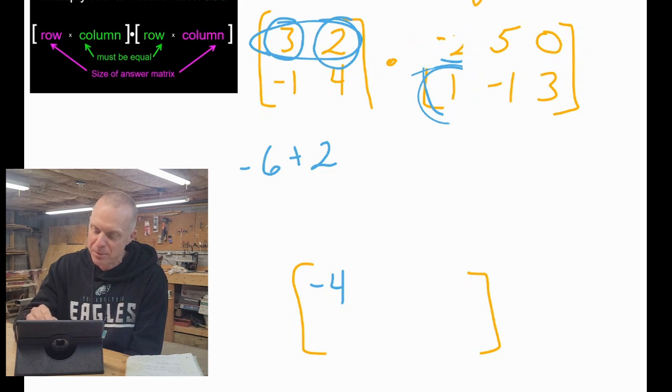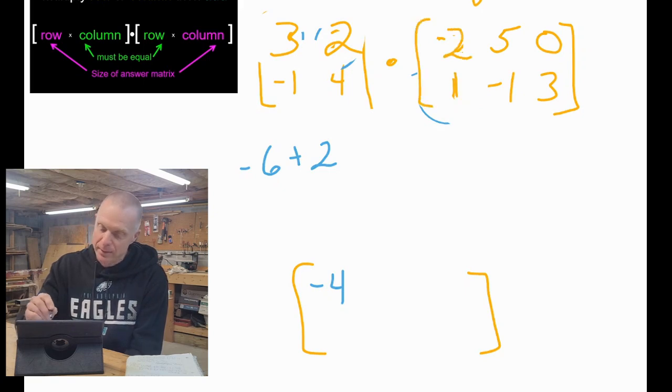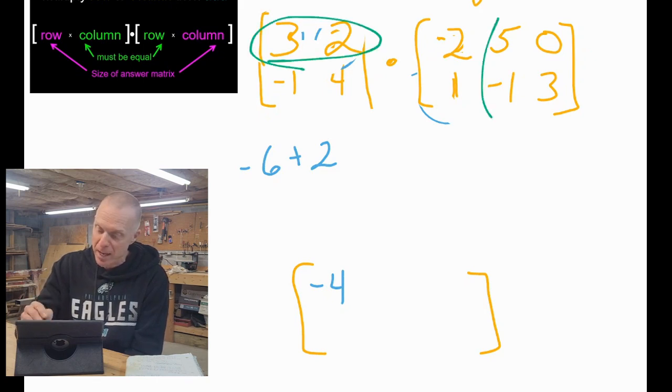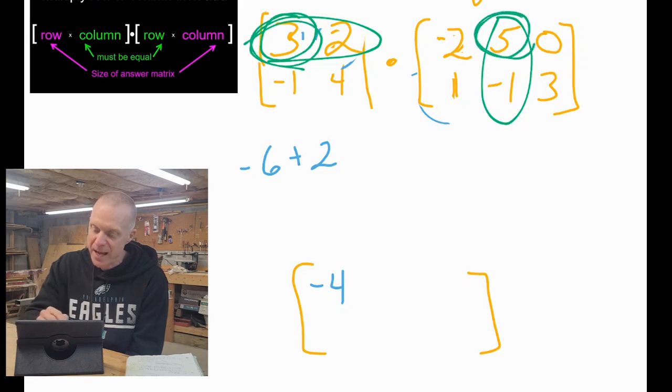The reason it went in the first row, first column is because those were the numbers that I multiplied together. I need to erase a little bit of this so we don't get too messy. Let me rewrite. What did I have here? -2 and a 1. All right. But the fun's not over. It's just beginning, because next I'm going to multiply this row by this column. You can see that I'm now moving over and matching up another set of numbers, where 3 is going to multiply by 5.